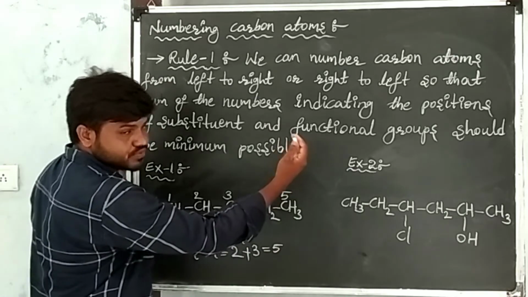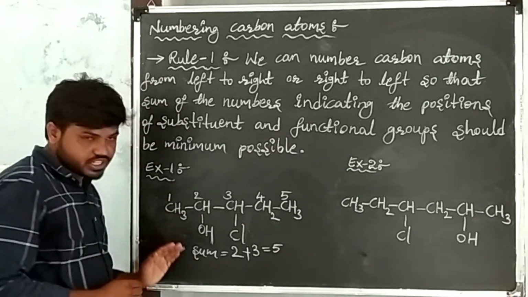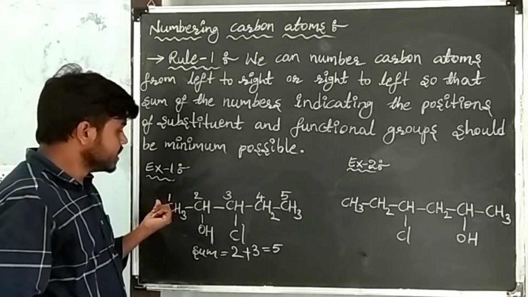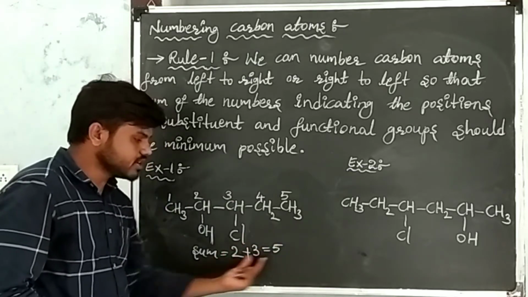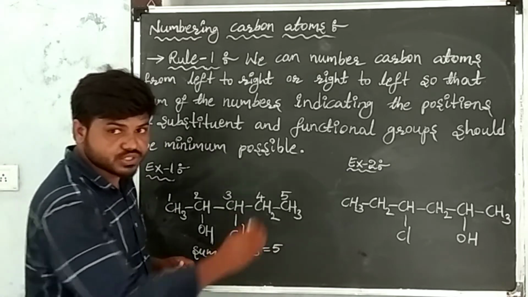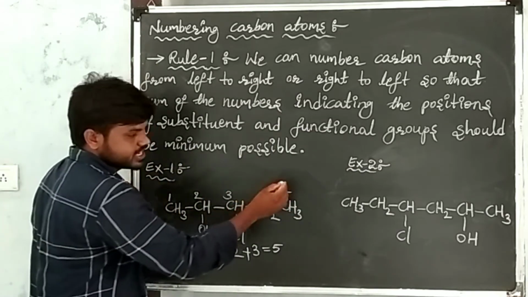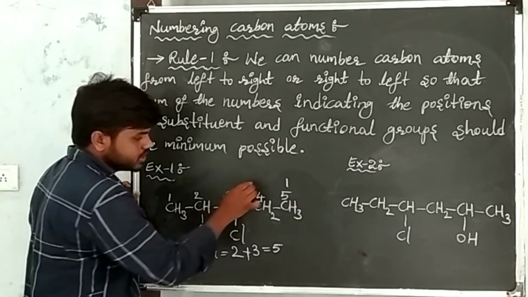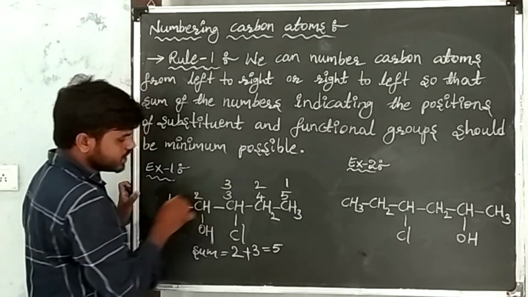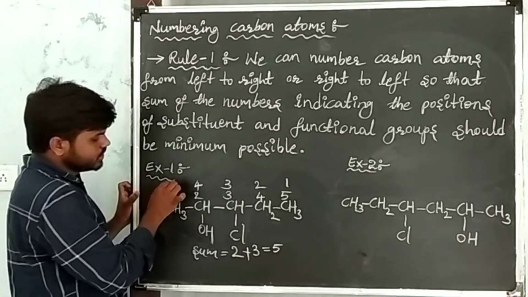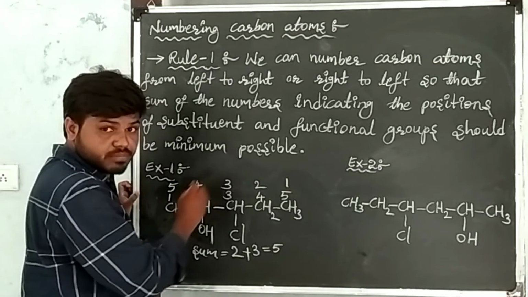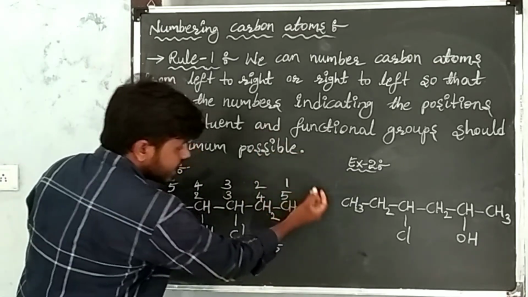Now I am taking the second case. I am giving numbers from right to left. In the first case, when you give numbers from left to right, we got sum 5. Now this is first carbon, second carbon, third carbon, fourth carbon, fifth carbon, numbered from right to left.